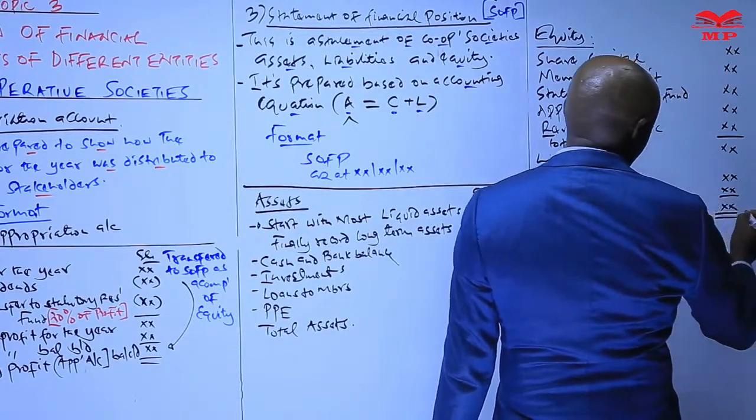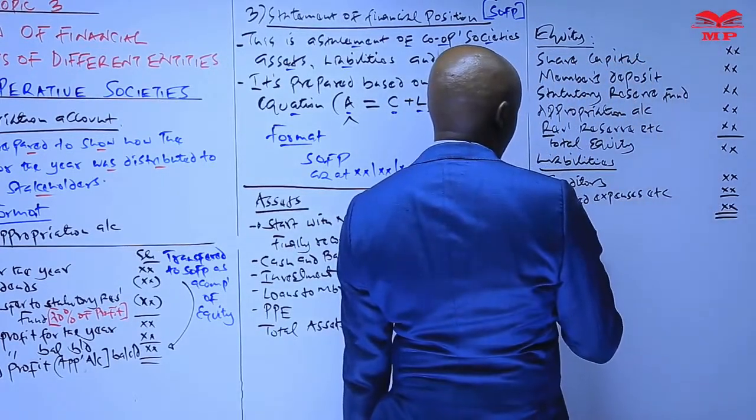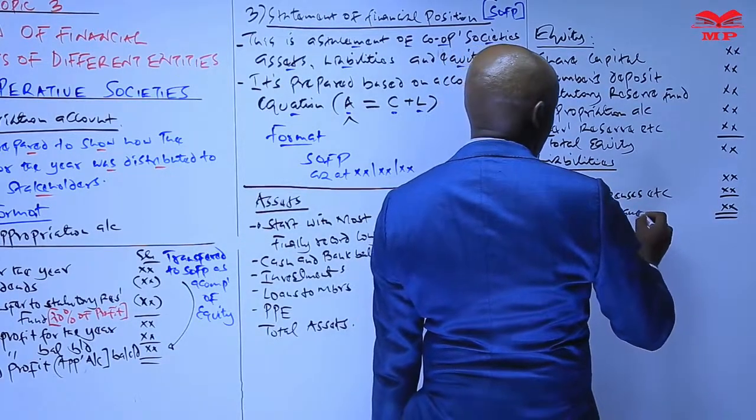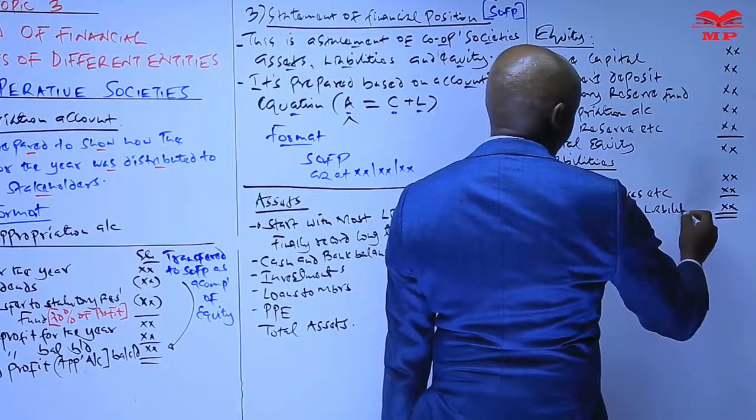So record all those liabilities there, and then proceed. You get what? The total equity and liabilities.